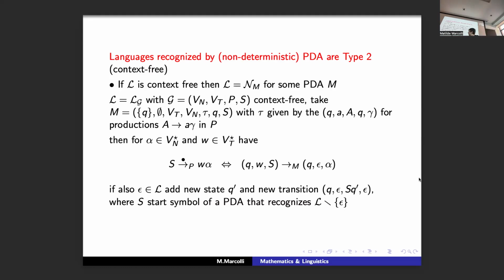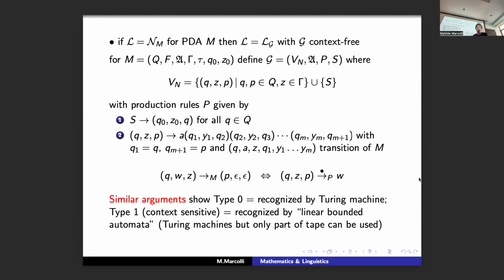And so whenever you have a chain of derivation in the context-free grammar, it translates in this way into a computation in the automaton that goes from a certain initial state of the automaton to a final state of the automaton. So this is the basic idea of how the construction in this direction goes.